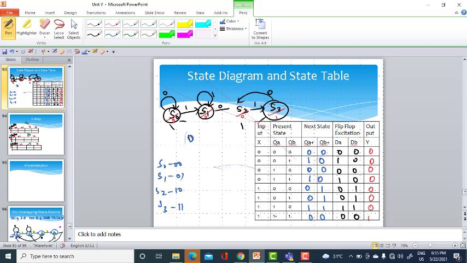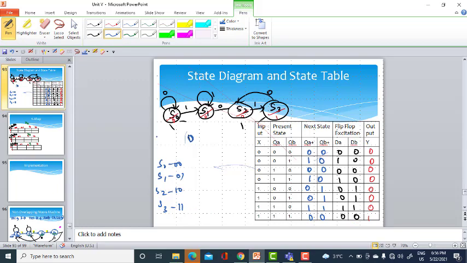So when your present state is 11, your output will be 1. For all other cases your output will be 0.